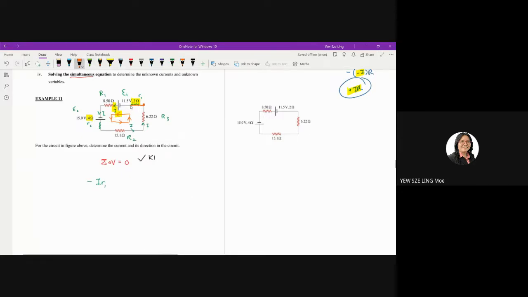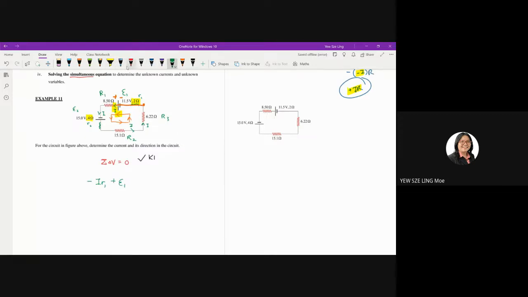So it's dropping, the current keeps moving, and when it arrives at EMF1, it's moving from the negative toward the positive terminal. It is moving from a lower potential towards a higher potential. Therefore, this is a positive EMF1. It's gaining energy.